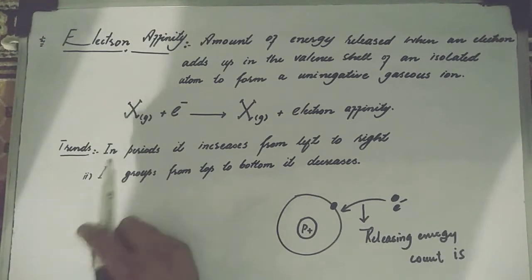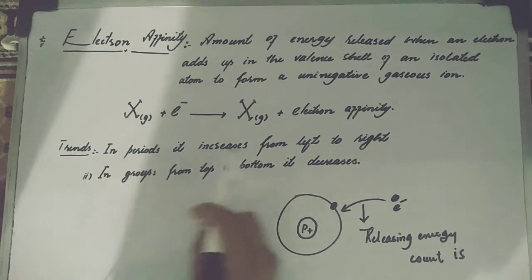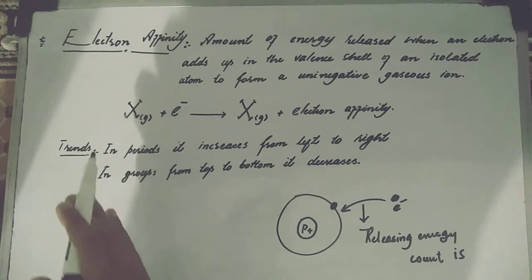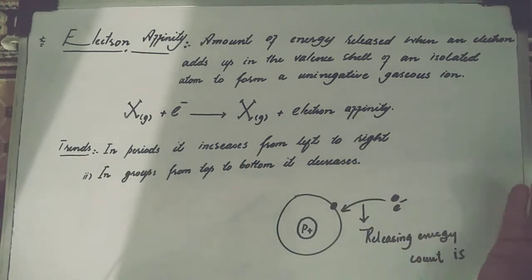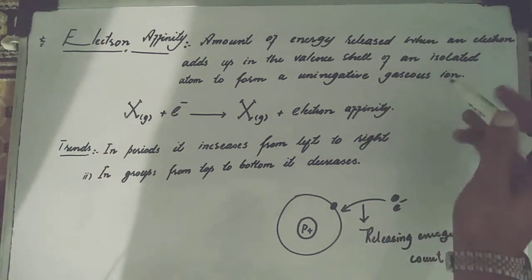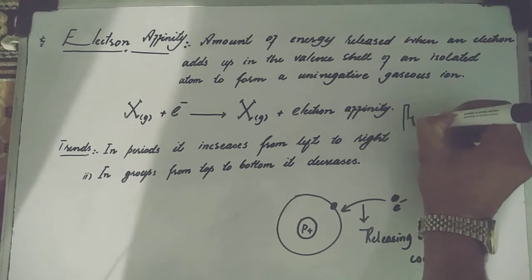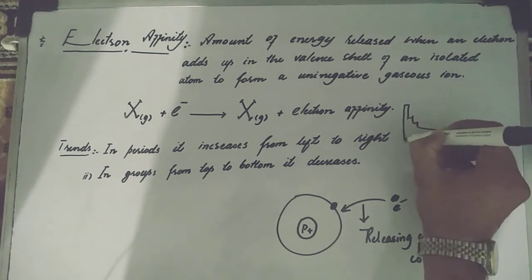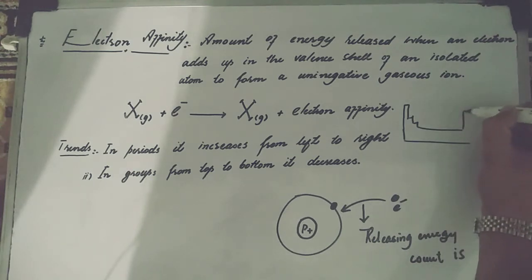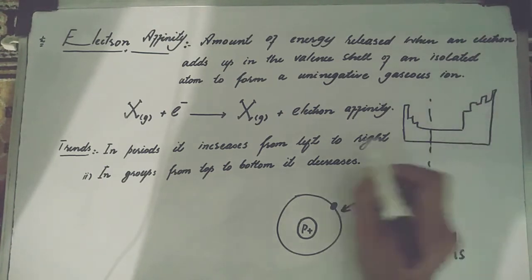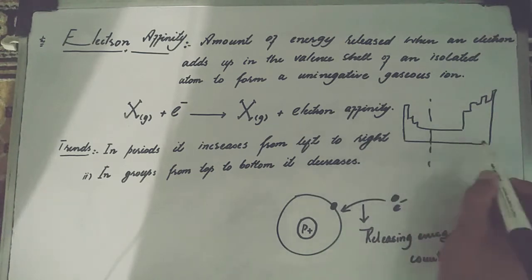Trends. In the periodic table you will find the trend that in periods it increases from left to right. From the left side you will find alkali metals, and on the right side of the periodic table, if this is the periodic table, the horizontal rows are periods.